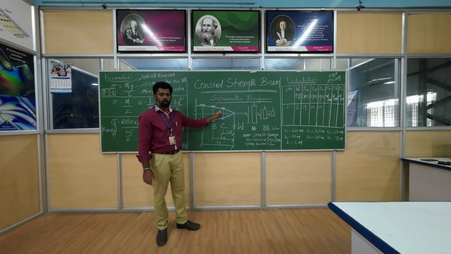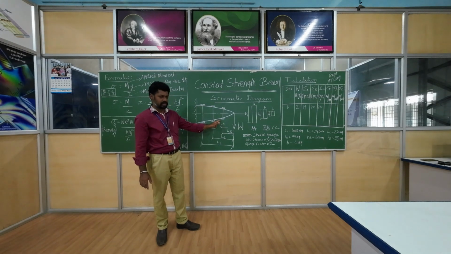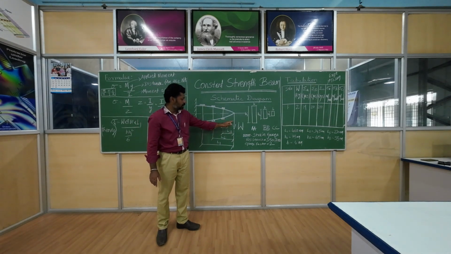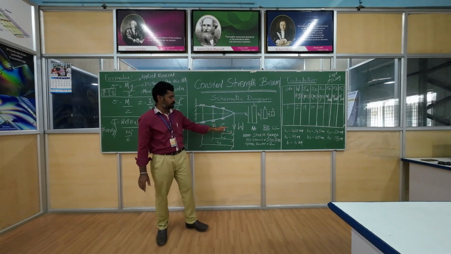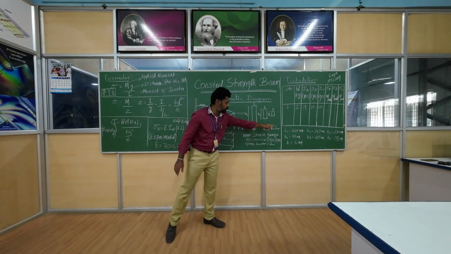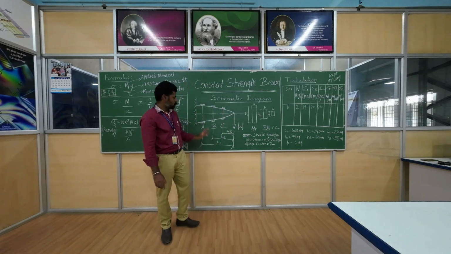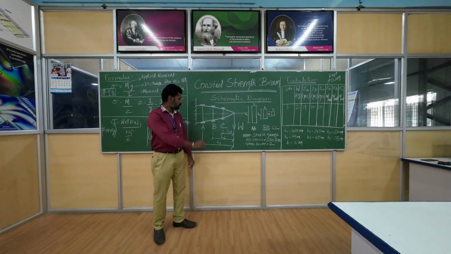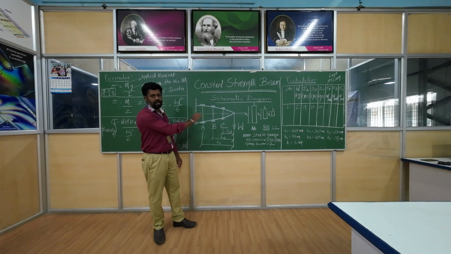And also we have taken one more section, section C. It has a length of L3 from the free end, which is 230 mm, and a height H3 of 55 mm. So now we have defined the portions of sections A, B and C.